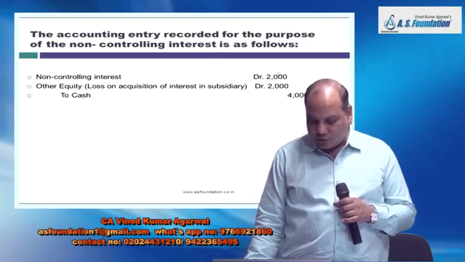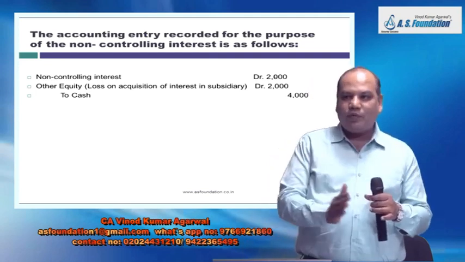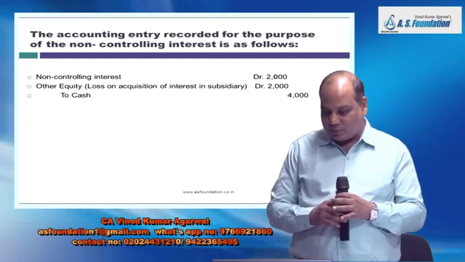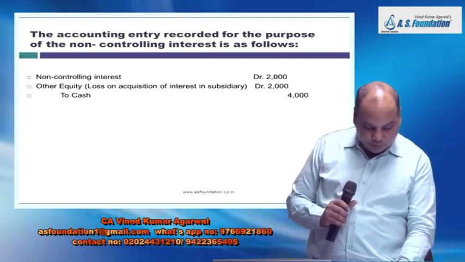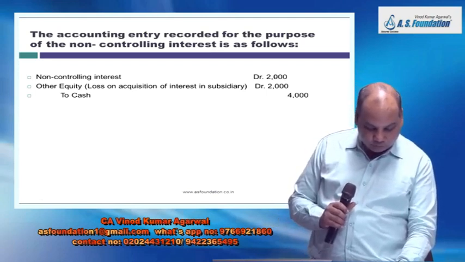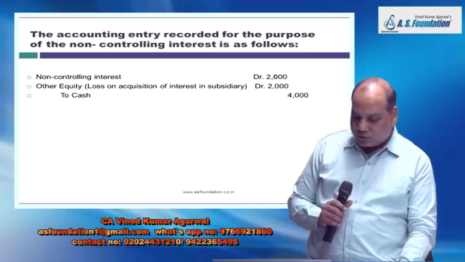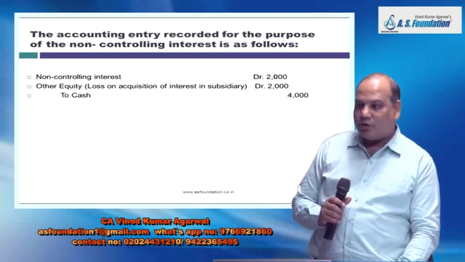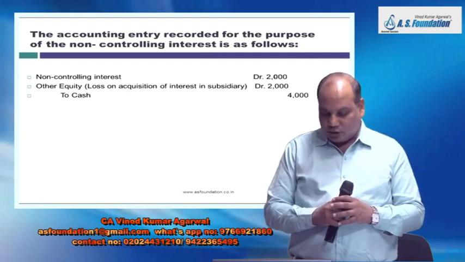Out of 4,000 NCI, half we have taken over. So half we will derecognize NCI, reduce NCI. Take half of 4,000. But to get that stake, we have to pay 4,000 rupees. Therefore, the difference will be treated as loss and you debit other equity, loss on acquisition of interest in subsidiary. Done.